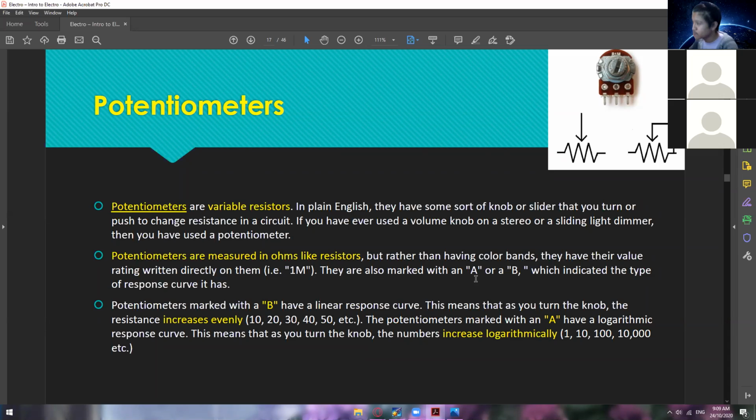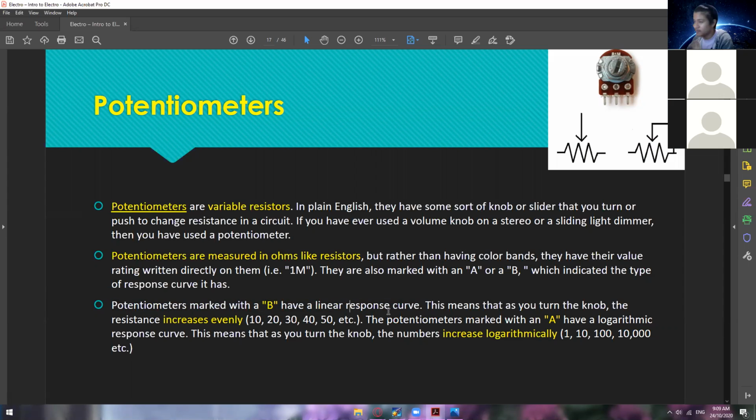They are also marked with an A or a B, which indicates the type of response curve it has. So we have two types of potentiometers. As you can see right here, it's very small, but this one has a letter B. Potentiometers marked with B have a linear response curve.